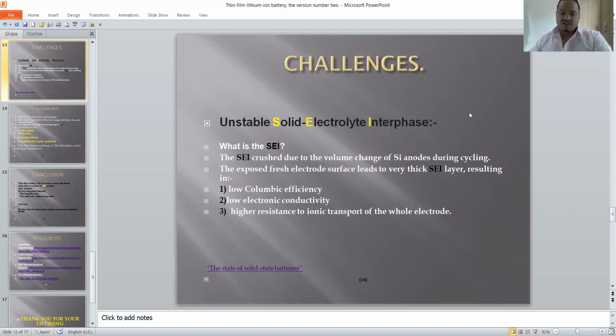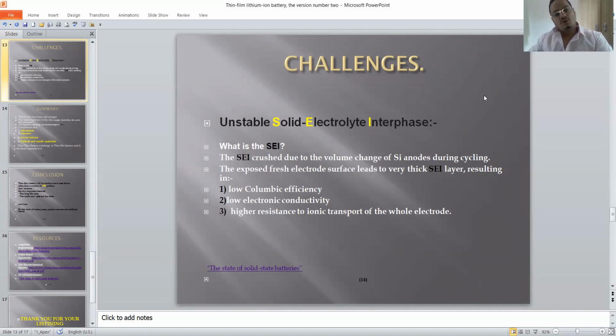SEI, that means the solid electrolyte interface. This disadvantage is facing all the batteries, the secondary batteries, not just the lithium-ion, like I said before, because when the ions are moving and the charge is moving, in charge and discharge, like we say, this disadvantage will appear because the ions will start to build something like a wall in the separator.